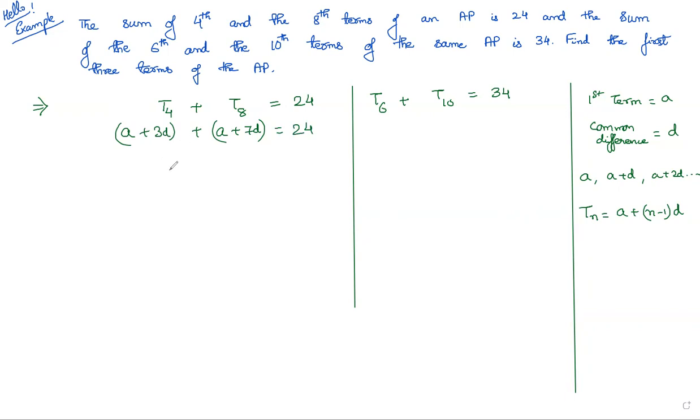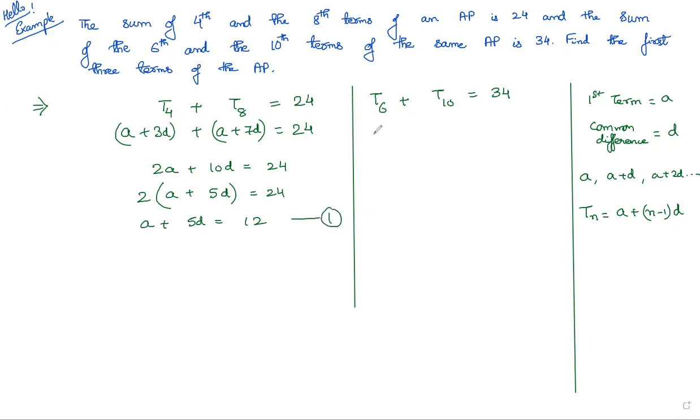So once we try to simplify this, it is 2A plus 10D equals 24. Taking 2 common, A plus 5D equals 12. That's your first equation.